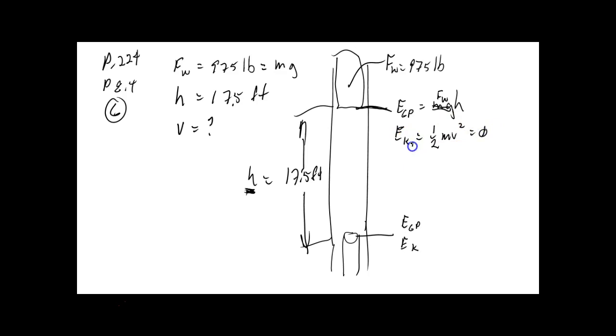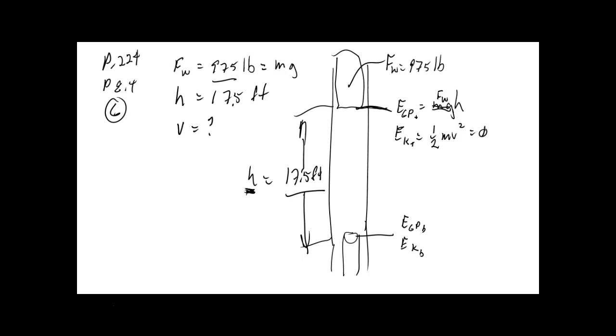This is at the top. Okay? At the bottom, that's a different story. But all your mechanical energy is in potential energy at the top, and we know exactly what it is. 975 times 17.5. That's exactly your potential energy at the top. And that's your mechanical energy at the top because kinetic energy is zero.